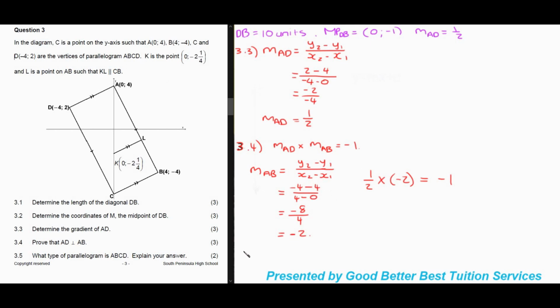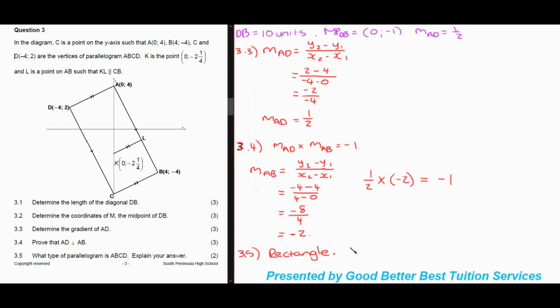And let's just also look at 3.5 quickly. We can fit it in here actually. So 3.5 says, what type of parallelogram is ABCD? Explain your answer. Cool. We can deduce that this is a rectangle. And why is that? Because if we go to parallelograms, we know that a parallelogram with a 90-degree angle, remember, perpendicular meets at 90 degrees, so a parallelogram with a 90-degree angle is a rectangle.